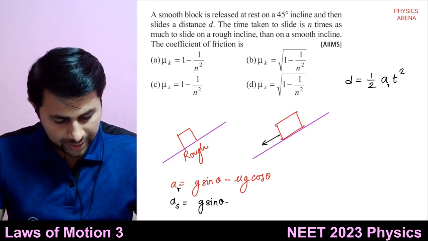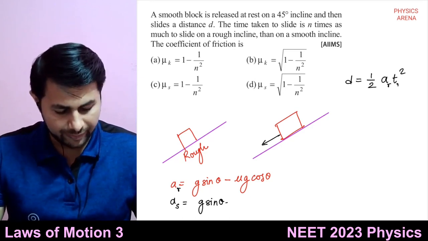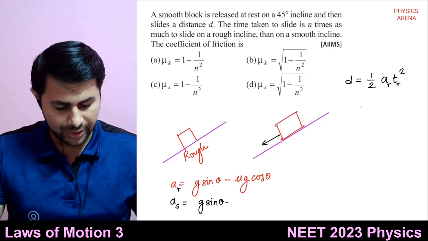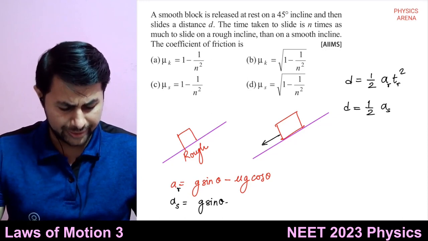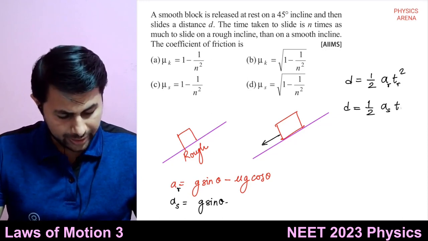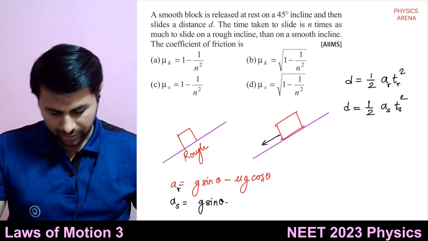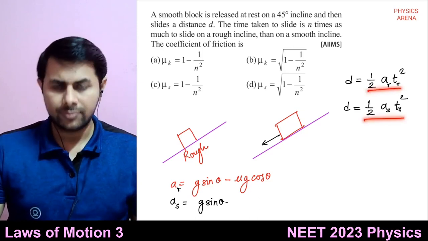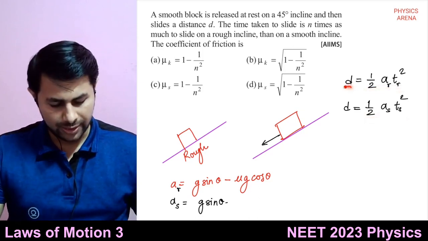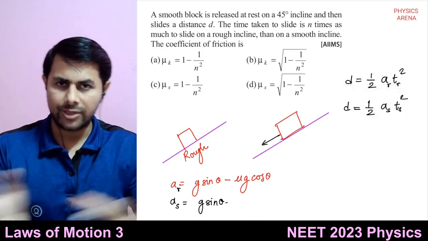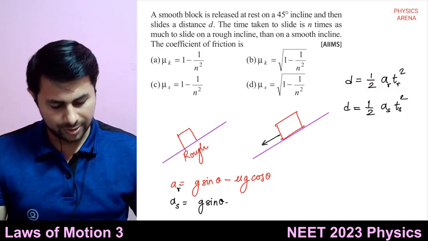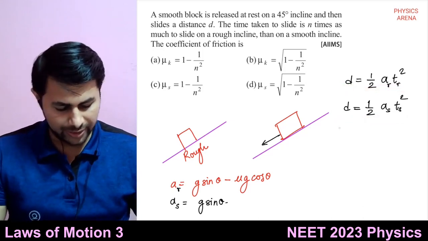For the rough incline, let's put AR and TR. For the smooth incline, it will be half of AS, TS square. We can equate these two because the block covers the same distance on the rough as well as the smooth incline.